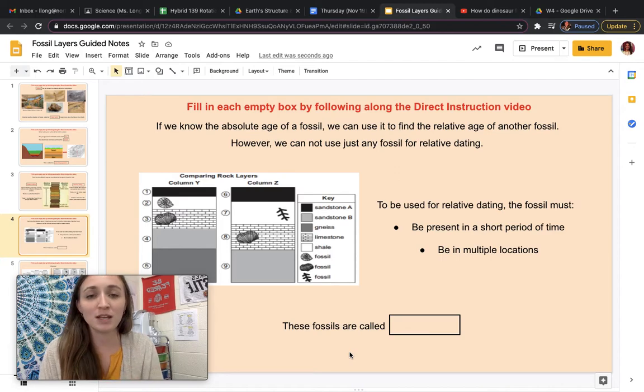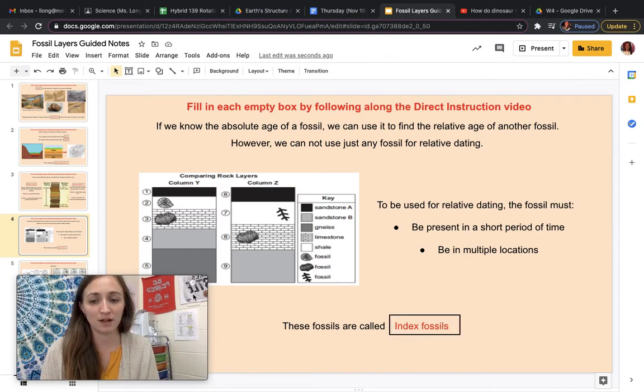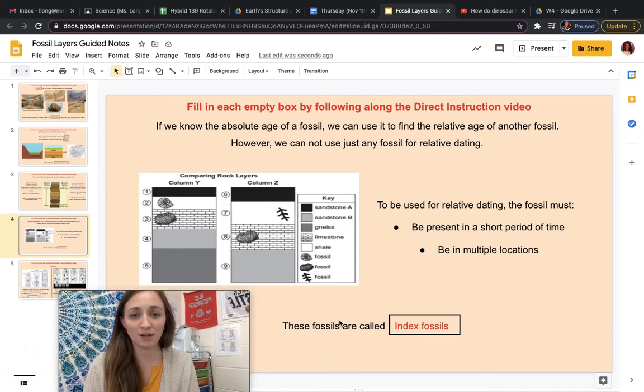Once we get into an example of this, you're going to see exactly what I mean. So we are going to use fossils that we can use for relative dating. We're going to call those index fossils, that we talked about earlier. To become an index fossil, a fossil that you use to date other fossils, the standard fossil, you need to have these two things be true.